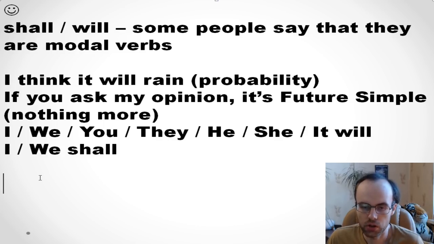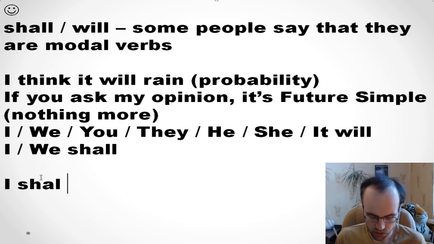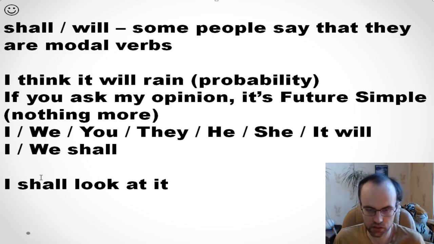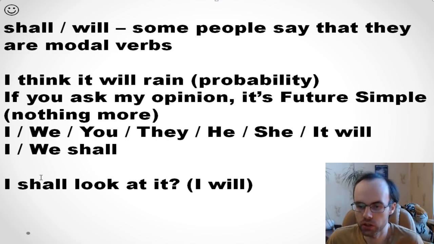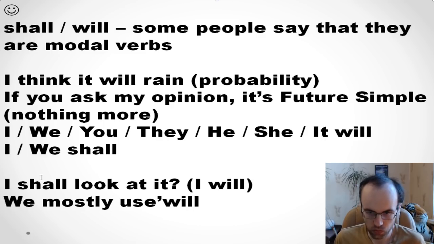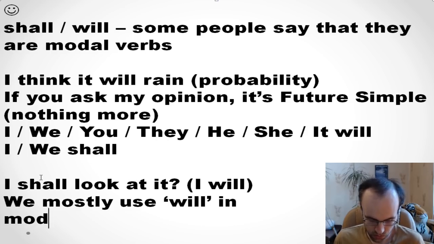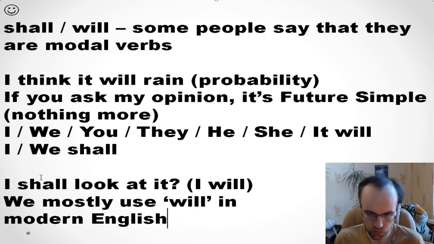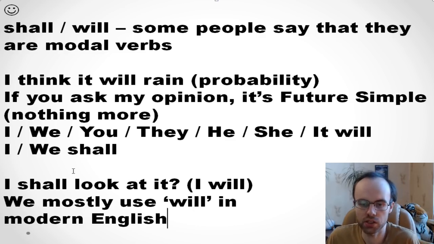For example, I shall look at it. It means I will. I will look at it. But we mostly use will in modern English. So will, but sometimes maybe you can meet it.